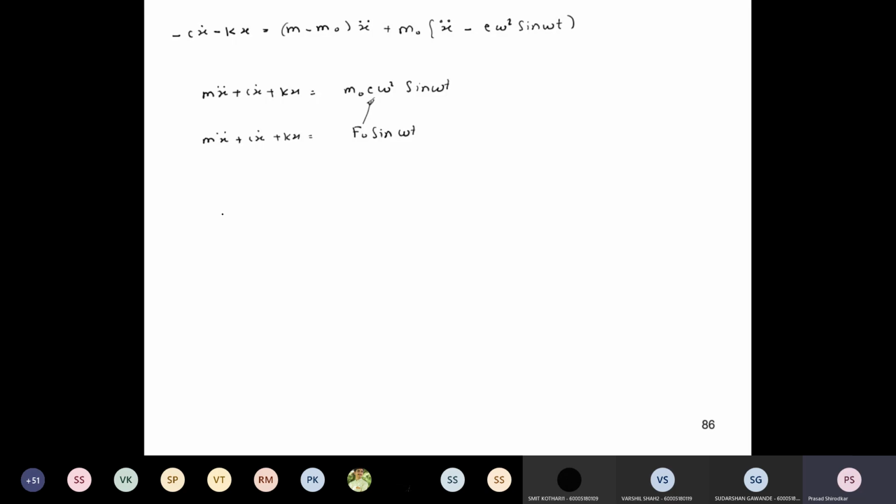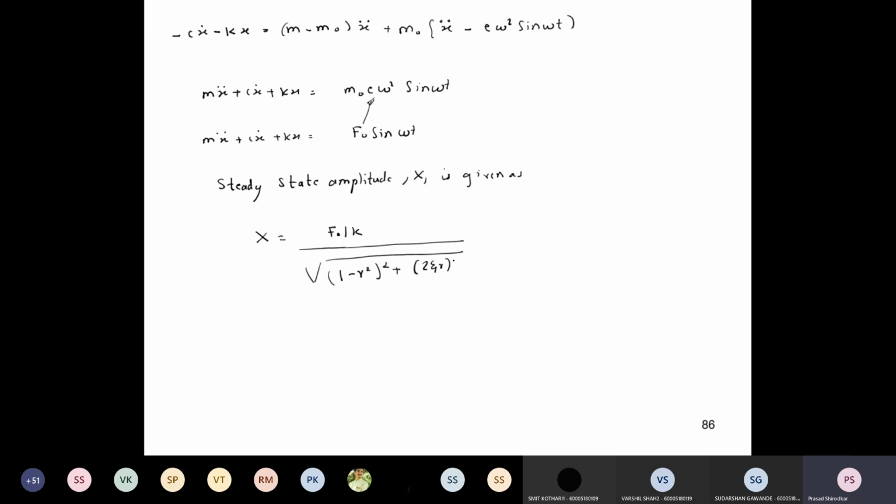All right. So our steady state amplitude of mass, that is x, is given as x is equal to f0 by k divided by square root of 1 minus r square whole square plus 2 zeta r whole square.